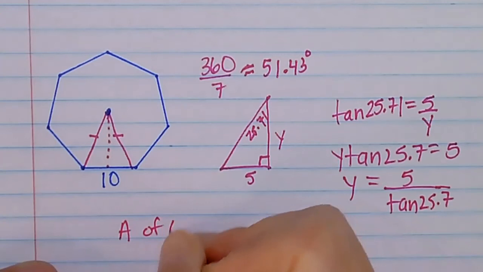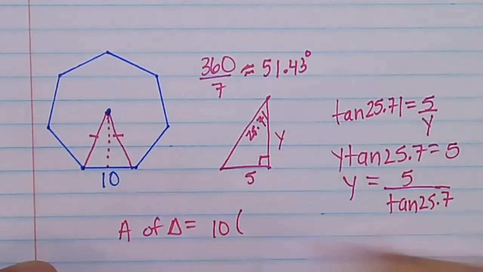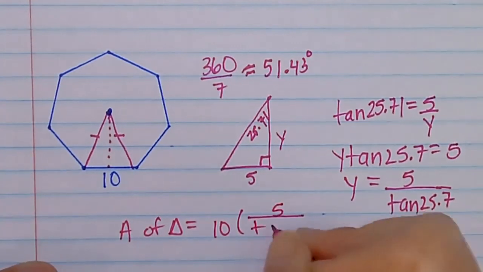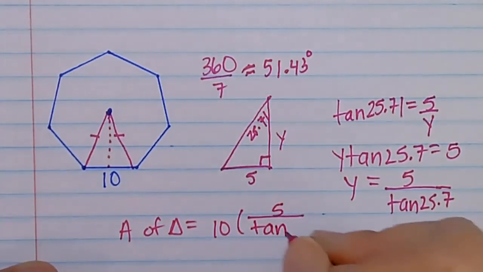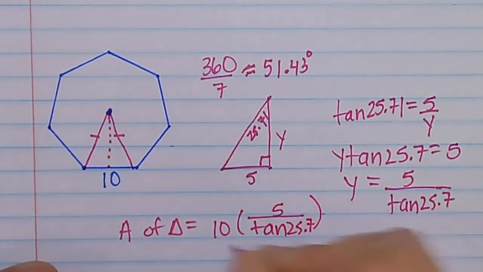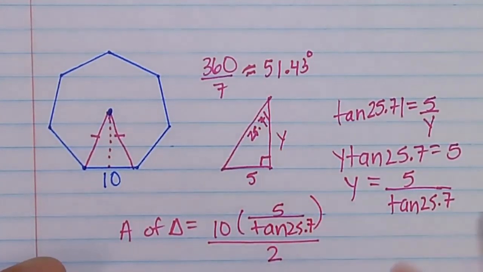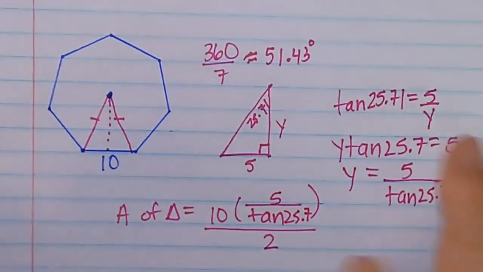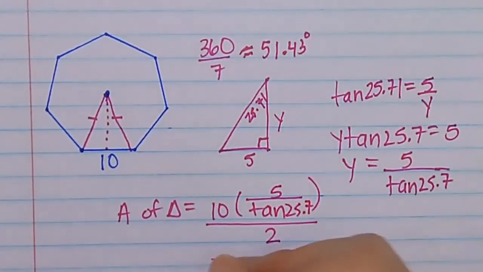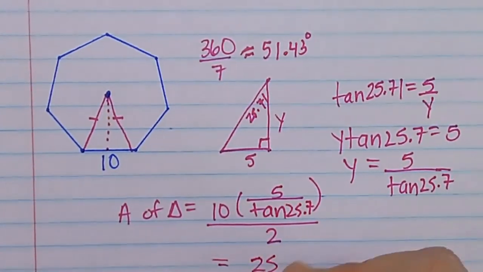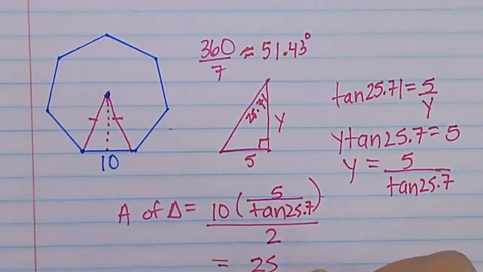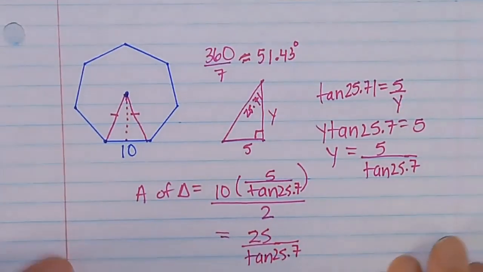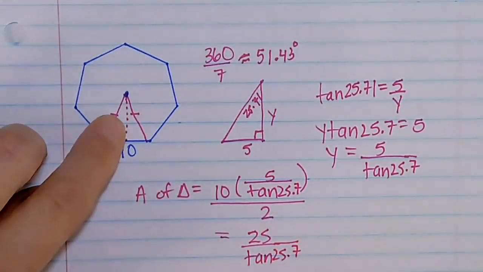So area of triangle, my base is 10, my height is this, divided by 2. So really, when I divide this by 2, this is going to become a 5. Or I can just put it all in my calculator, up to you. So this is going to be 25 over tan 25.7. That is going to be the area of one of these triangles.